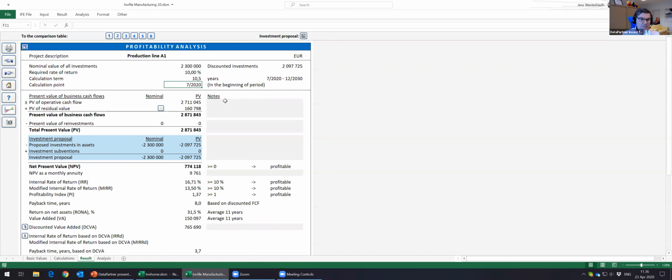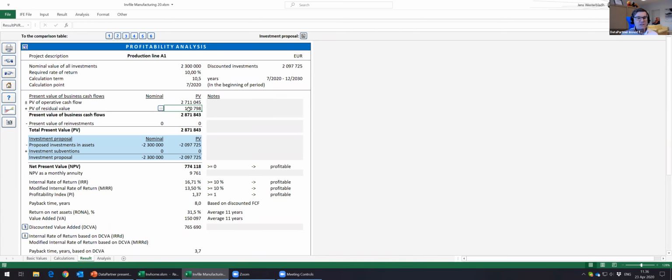So we have the present value of the operating cash flows, and then we have the present value of the residual value. And remember, the residual value included the building, but it also includes the working capital and cash flows.